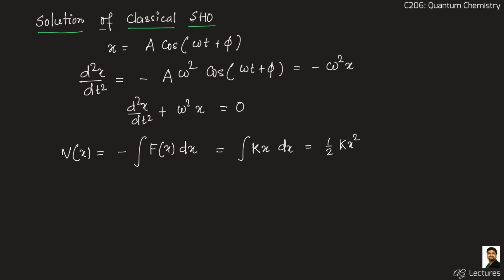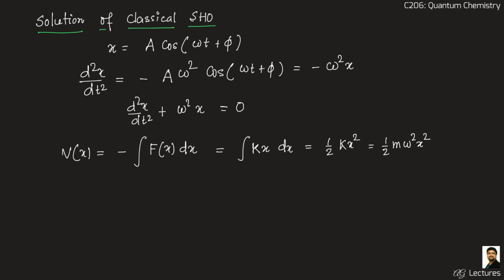We can write it in terms of omega. This is equal to half m omega square x square. So this is our potential. We'll be using this form of the potential in our quantum system to solve the Hamiltonian, to solve the Schrodinger equation for a quantum simple harmonic oscillator with this particular potential.